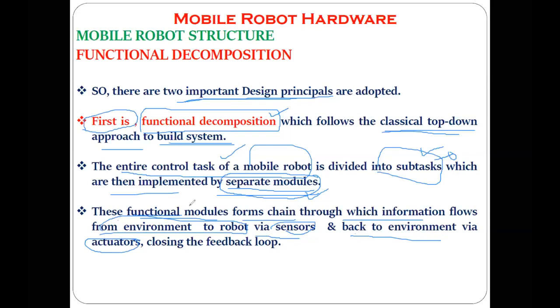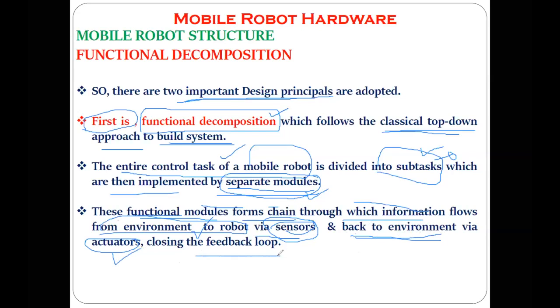That is the reason I have mentioned that these functional modules form a chain through which information flows from the environment to the robot. In order for information to flow from the environment to the robot, different kinds of sensors are utilized. When this information is processed by the processing component of the robot, then with the help of the result of that processing, the action is performed by the robot within the environment with the help of different kinds of actuators.